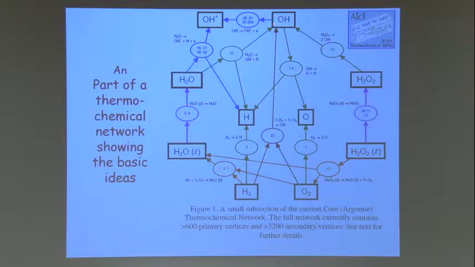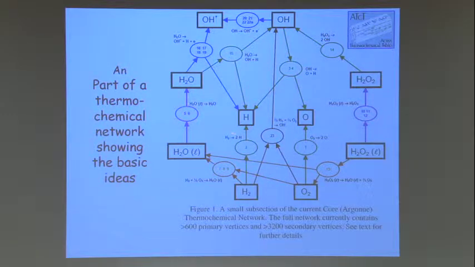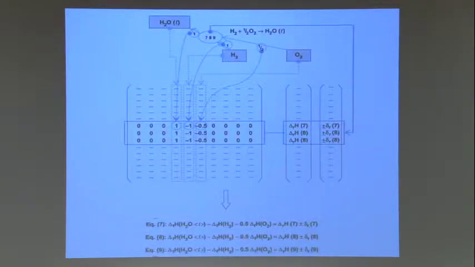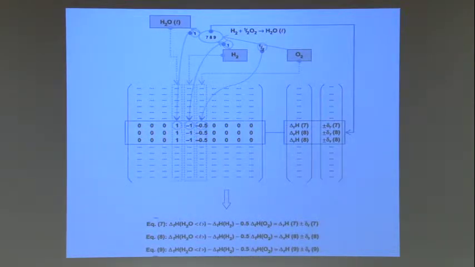And you can then ionize the OH and get an energy for that process as well. And so on, all the way around here. And so this is a small subsection of the current core Argonne thermochemical network. This is taken from quite a time ago. And the full network contains many, many more than this.